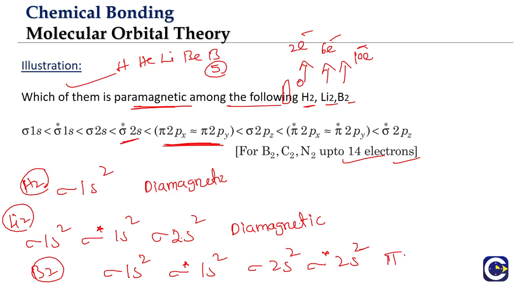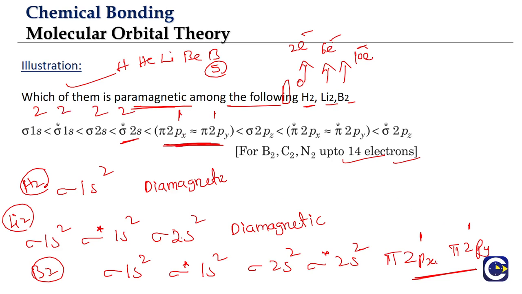We have 2 electrons now, so we give 1 electron to pi 2px and 1 electron to pi 2py. We follow Hund's rule while filling electrons in degenerate orbitals.